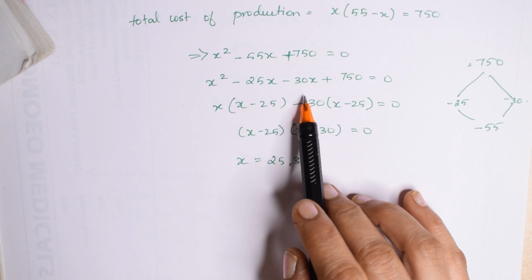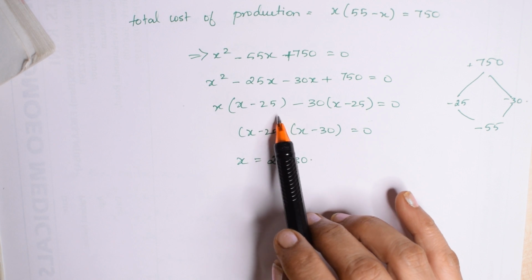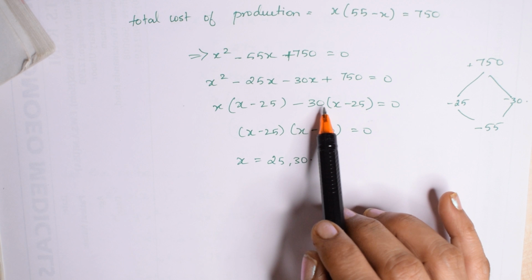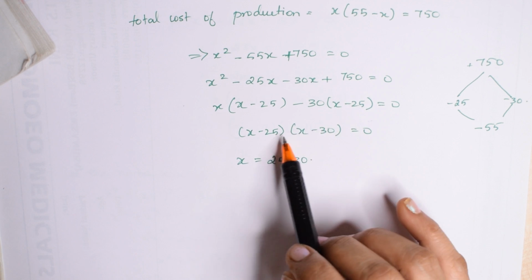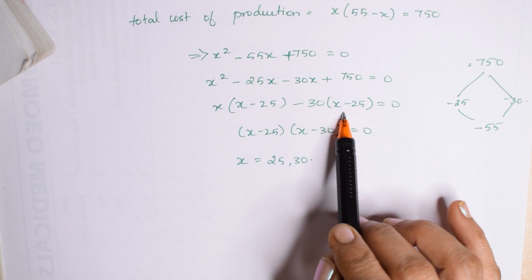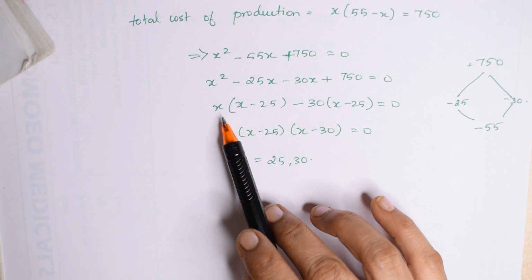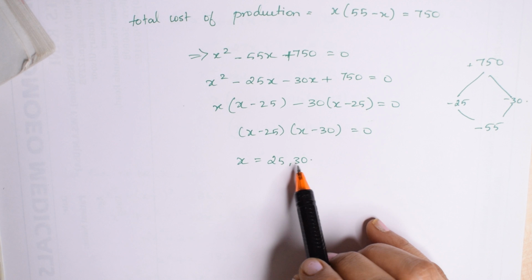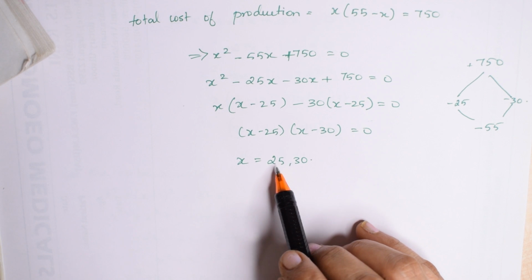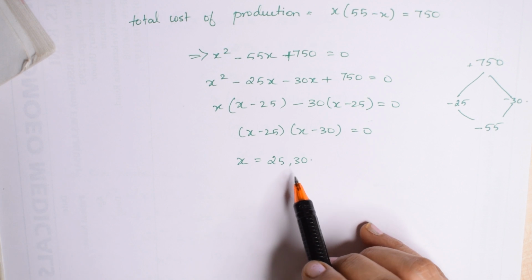The common term is x, so x minus 25, and here the common term is minus 30, only then I get the bracket x minus 25. Then the common term for both is x minus 25, I am taking it out, and the remaining is x minus 30. So the values are x is equal to 25 or 30. So we can say the number of toys produced in the day can be 25 or 30.